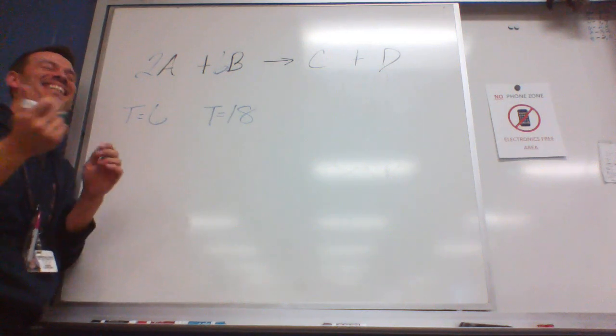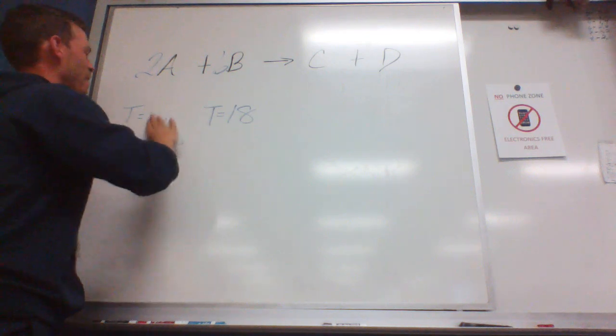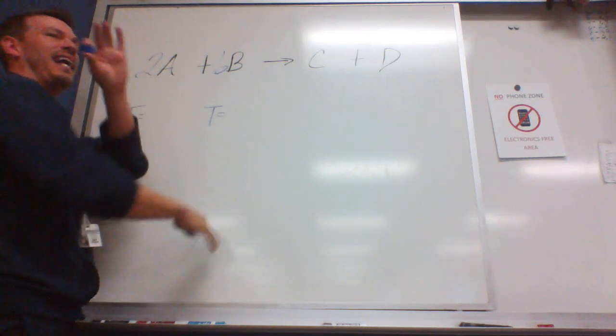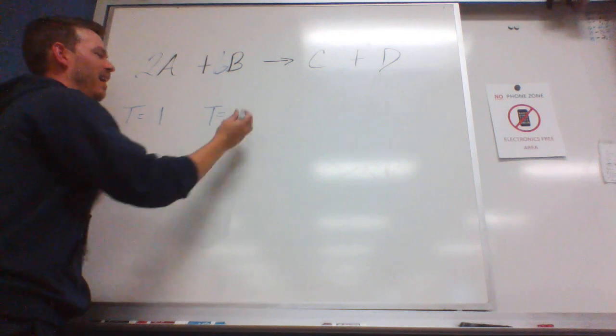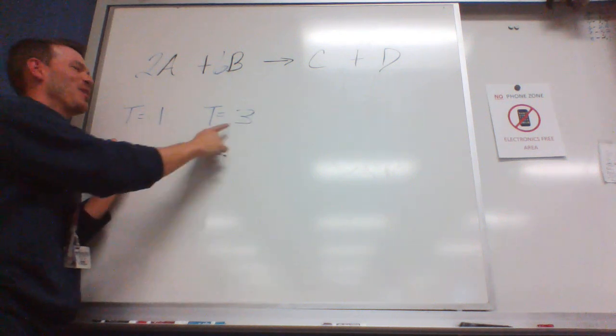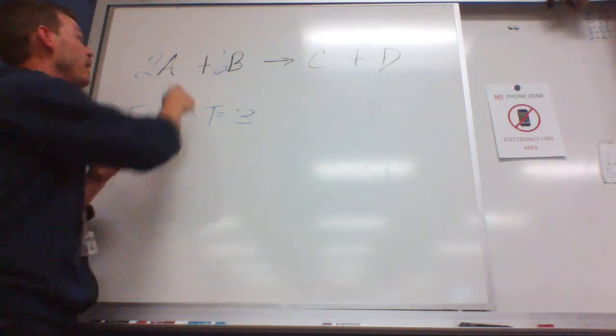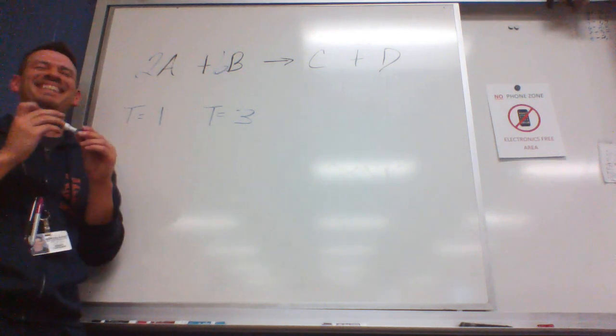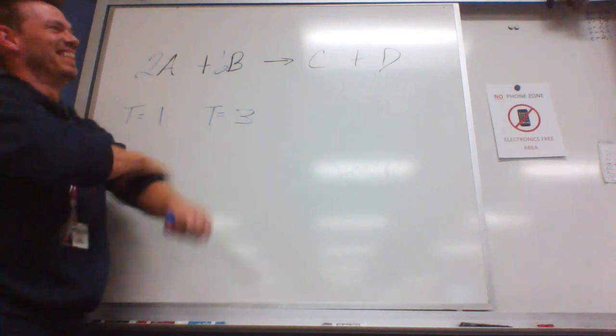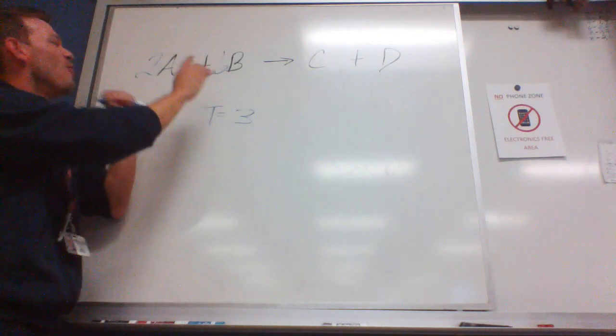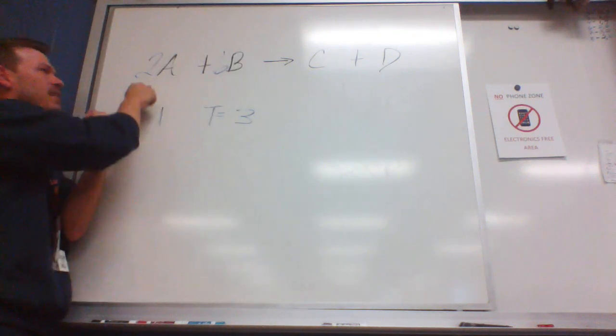It's 3. Just multiply by 3. Let's say this guy was 1 and this guy was 3. How many times larger? 3 times. Therefore, this number is 3 times larger than that number.